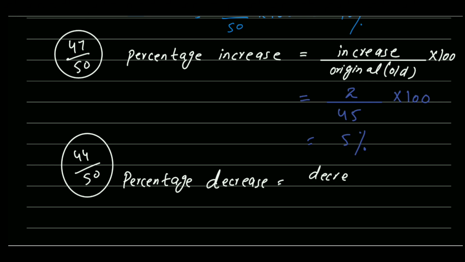Decrease over original, the old value, multiplied by 100. His marks decreased by 1, so we write 1 over 45 multiplied by 100.